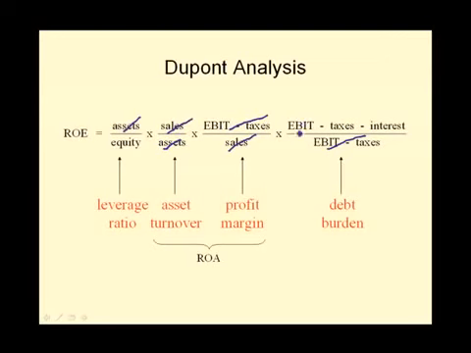So what we have is essentially in the numerator net income after the firm has paid taxes and interest divided by equity. And that's just the definition of return on equity.